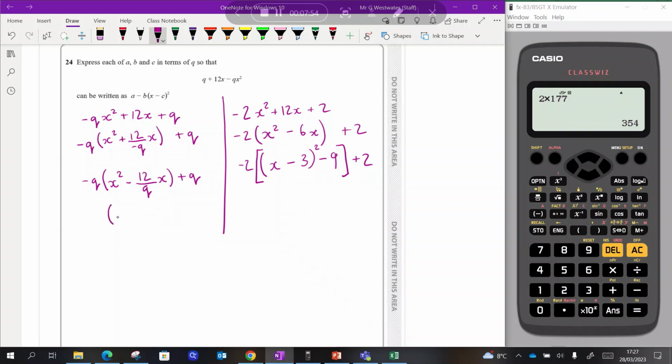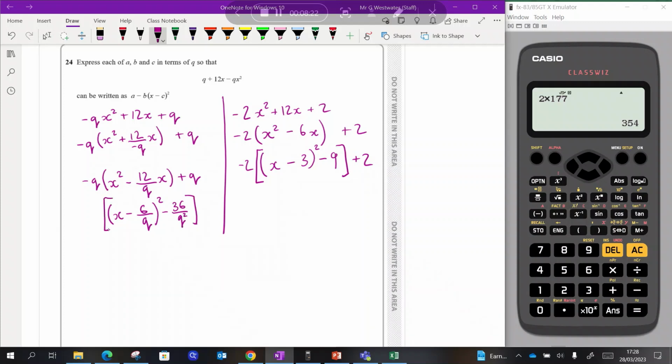So x minus, half of 12 over q, half of 12 is 6, so this is 6 over q, in brackets, squared. Remember, there's no x in here because we are now completing the square. And then I subtract whatever this is squared, so that would be 36 over q squared.